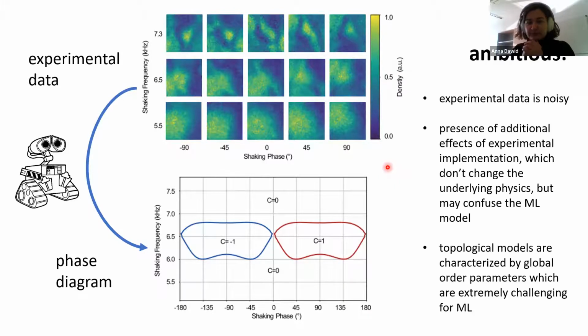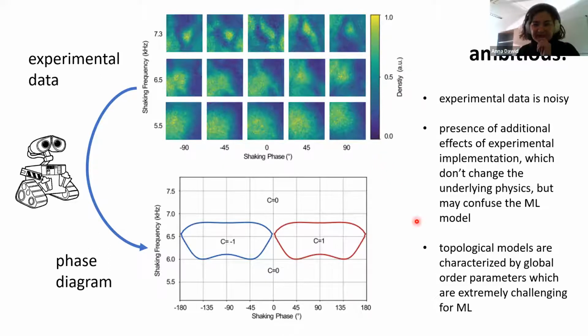And why is it? So first of all, experimental data is noisy. They have many additional features which are not an effect of, let's say, the physics of the underlying model. It's more about experimental realizations. And they may change the image itself, and it can fool the machine into thinking it's something really important and something to focus on.